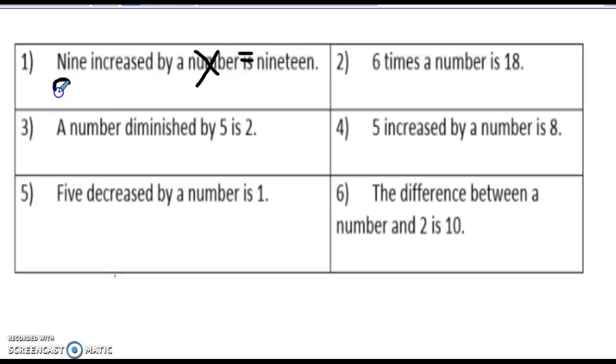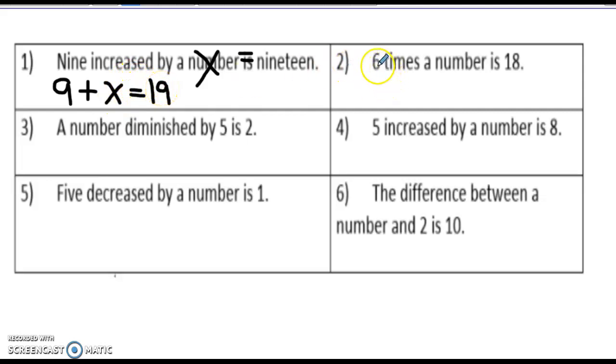So I would write 9 increased by is addition, increased by a number, we chose x to represent our unknown number, is 19, is equals, so equals 19. And then I read it back and make sure it makes sense. 9 plus or increased by a number x equals 19.